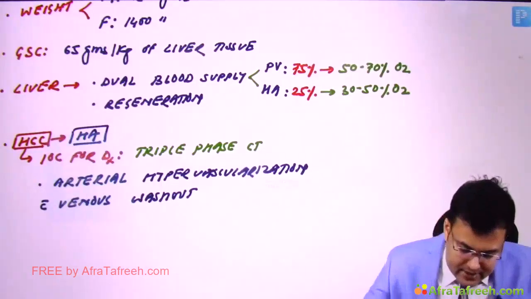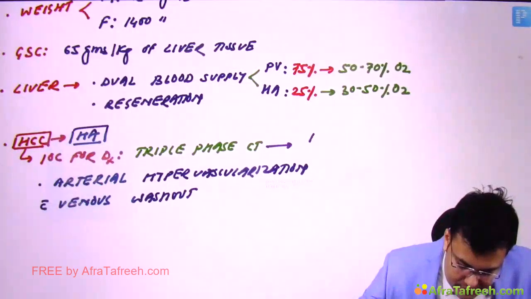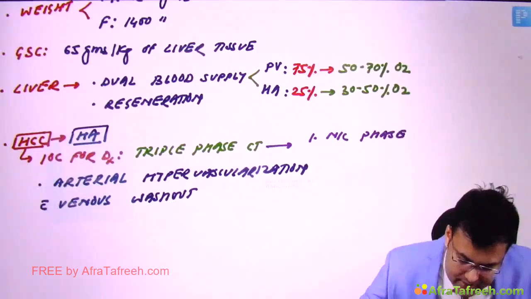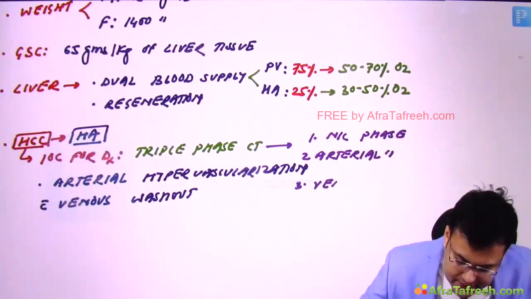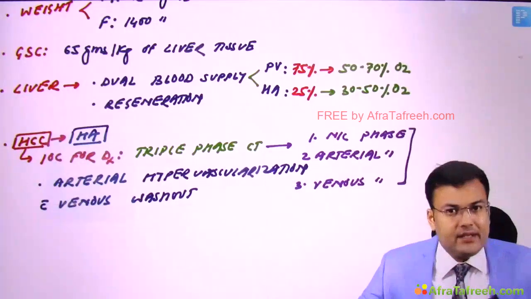So triple phase CT means three phases: non-contrast phase, arterial phase, and venous phase. Clear?